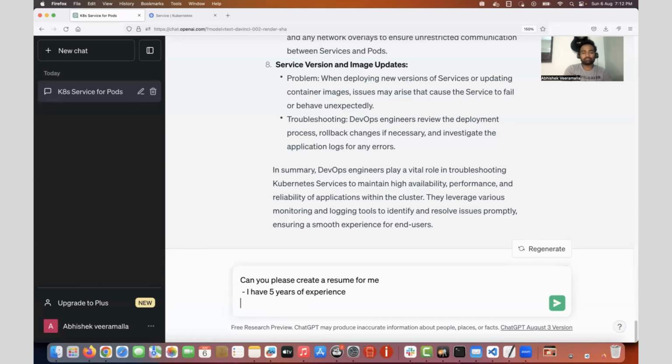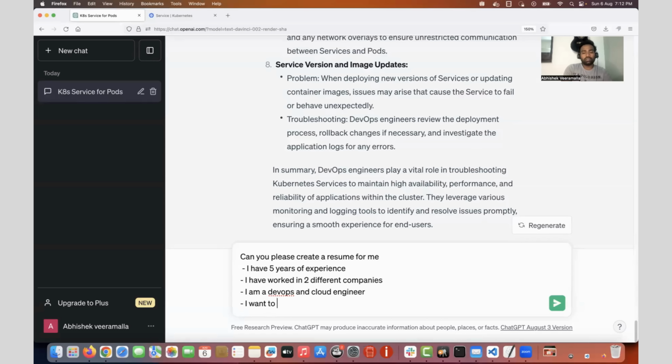I am a DevOps and cloud engineer. I want to show all the latest tools and technologies in DevOps in my resume, or you can also ask it related to your job description.